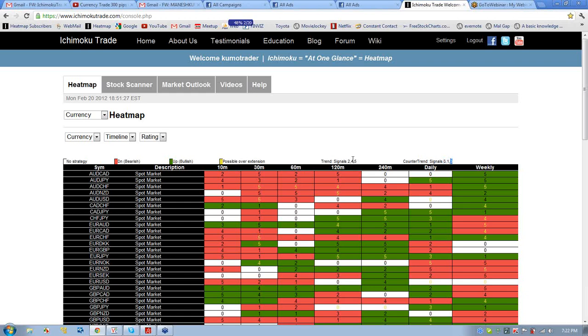Same thing on the trend side. I like the 2s and 4s. If I don't see many and I'm looking for a trade, then I'll go look for 5s. But I really don't look for a 5 at all for the beginning of a setup. Same for counter trend: I like zeros and ones, and I really don't go for a 3 unless I can't find any opportunities with a 0 and 1. Everyone okay with that? We'll talk about counter trend in just a moment.